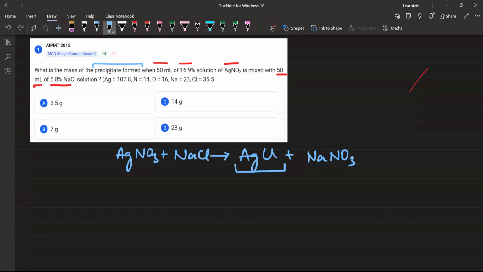You can see that here we have two reactants given. So here you have to also calculate the limiting reagent.